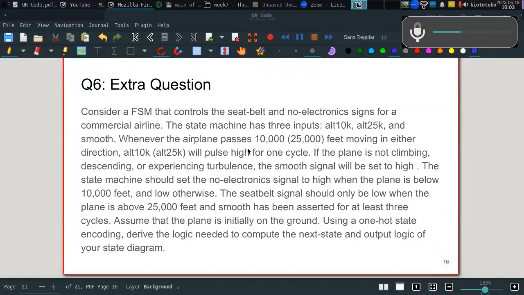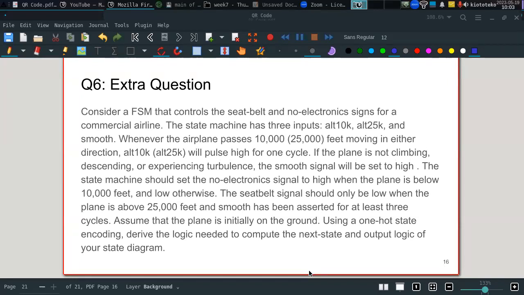And finally, there's a last question, which you can see is a lot more complex. Maybe the size of the problem statement correlates with the complexity of the circuit. So consider a finite state machine that controls the seat belts and no electronic signs for a commercial airline.